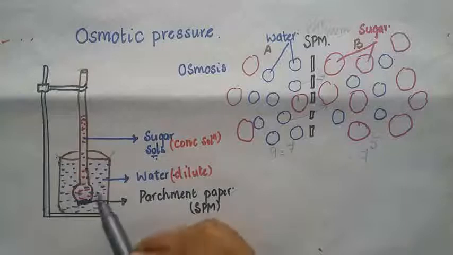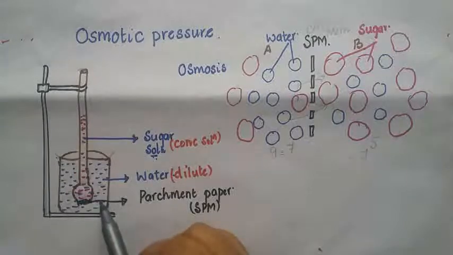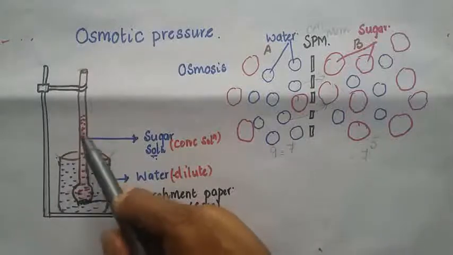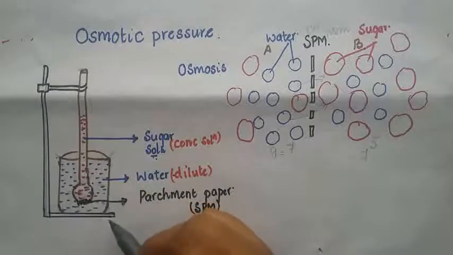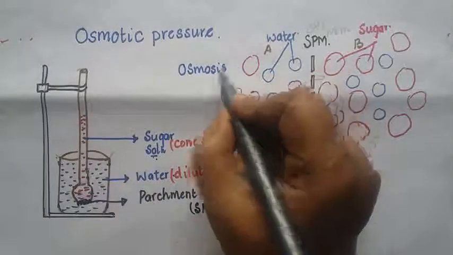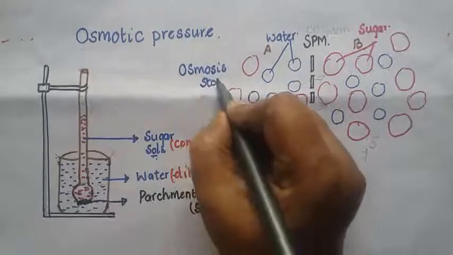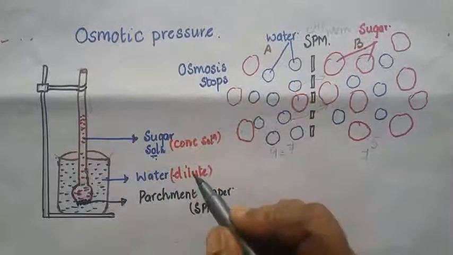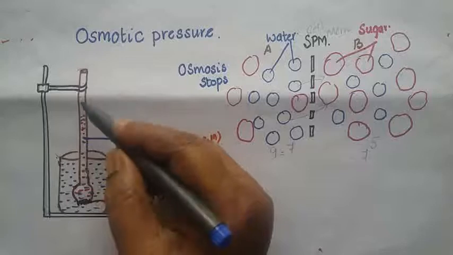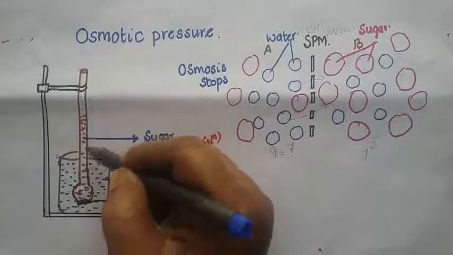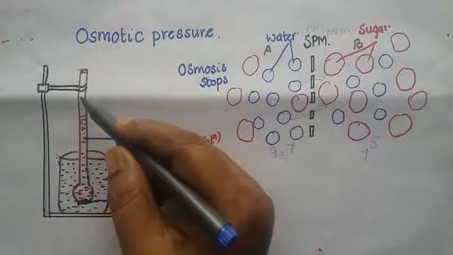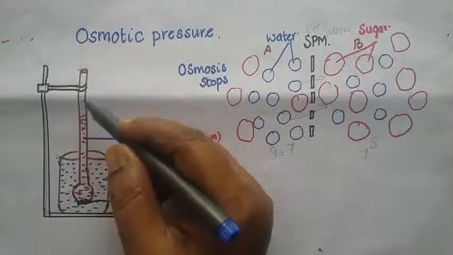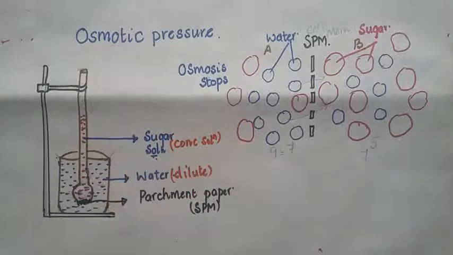Though you have more water molecules in the beaker and fewer water molecules in the thistle funnel, that is in the sugar solution, even after that the osmosis stops. So you will find that there is an increase in the column of the sugar solution in the thistle funnel, though it has increased, okay, but after some time it stops.